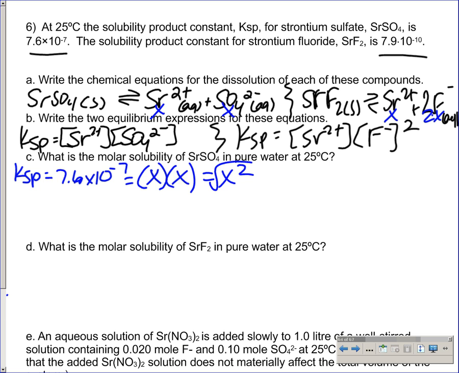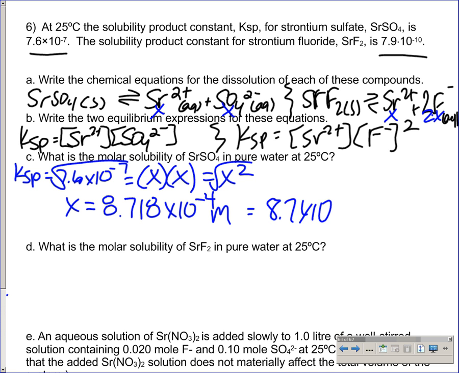So you square root that, and you get X equal to, I'm just going to write the whole thing out because I don't want to round too soon. So you should get something like that, and then the exact one would be 8.7 times 10 to the negative 4th molar. So there's our first molar solubility of strontium sulfate.